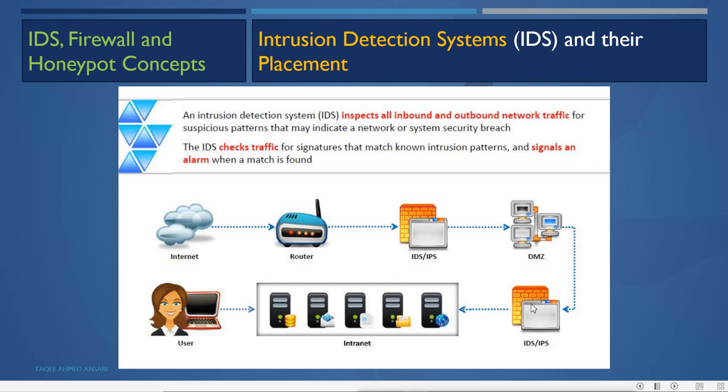This is a different architecture of firewall setup, where we have two firewalls, and in between we have the DMZ zone, and then we have the internal server farm, and then the users who are using the internal servers. So basically this IDS will always remain with the firewall.